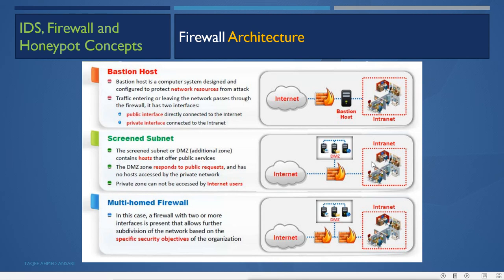In our internal network, we have a different web server which is used for internal access. But the servers we want other users to access from the internet, we keep in the DMZ zone.